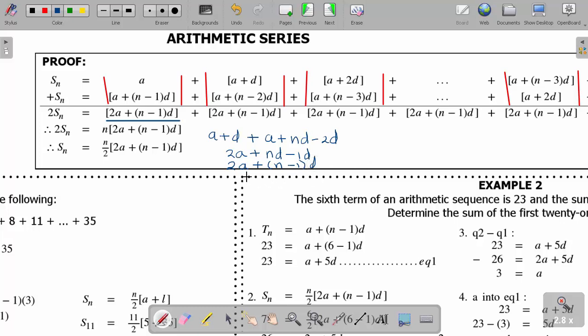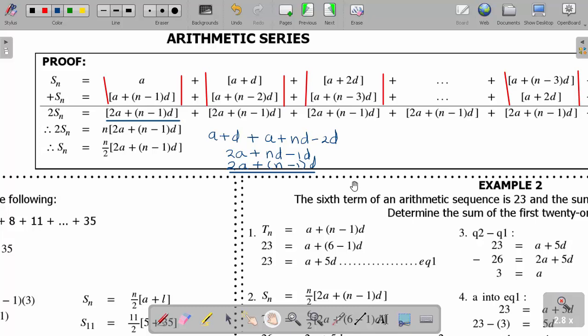Now what I have here is 2a plus (n minus 1) times d. Remember, it was the first thing I got here as well. So when you add these ones as well, you get the same answer. And on all of them, when we add in that order, we always get 2a plus (n minus 1) times d.